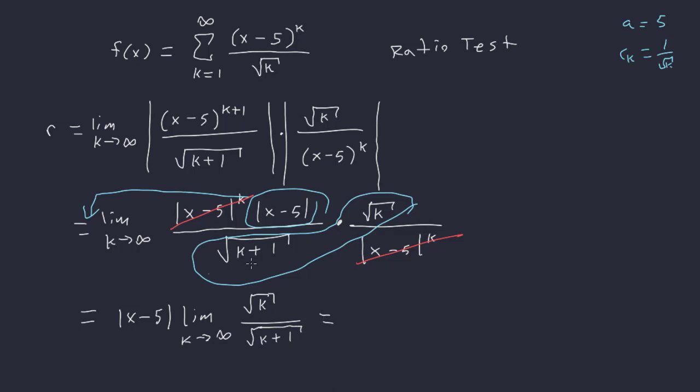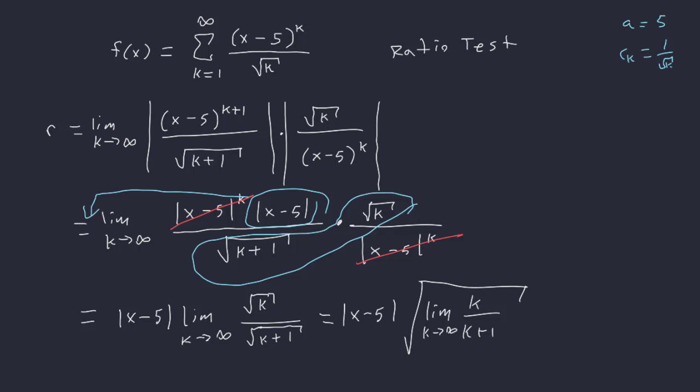All right, and what we can do, if it helps, we can move the limit sign in here, and this is this whole thing square root. So this will be the square root of the limit of k all over k plus 1. And of course, this is as k goes to infinity.